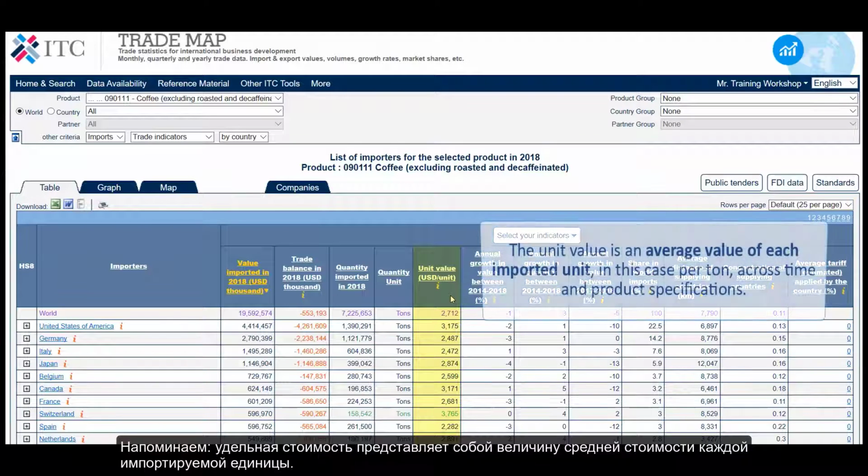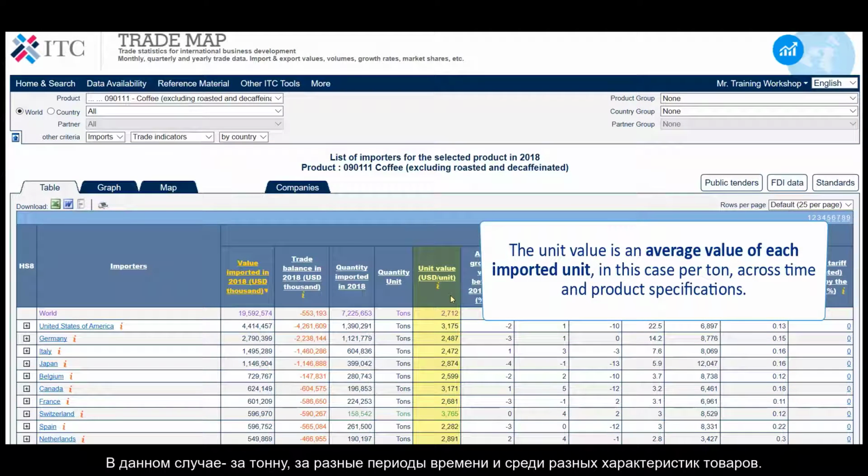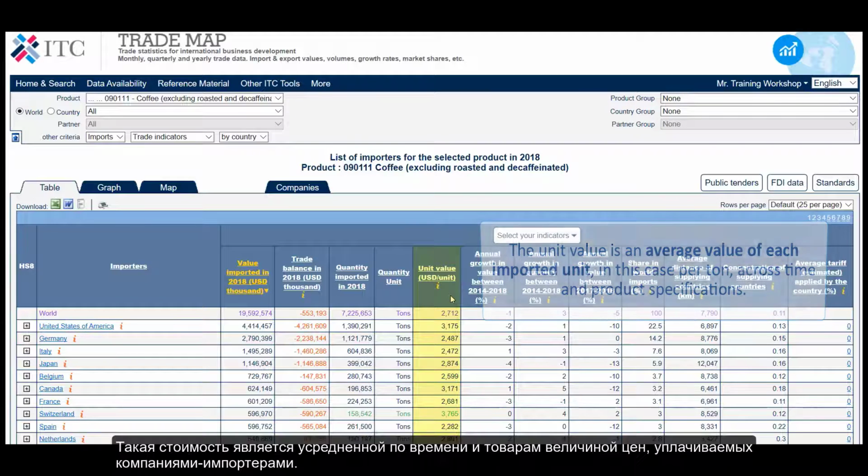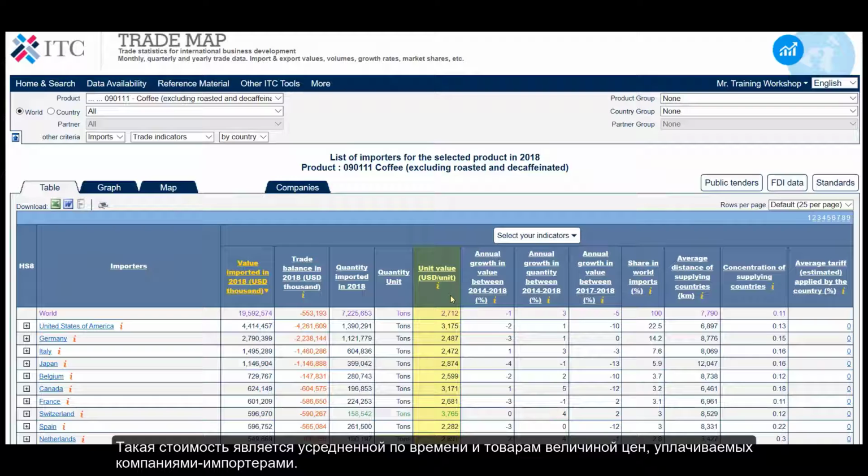Again, the unit value is an average value of each imported unit, in this case per ton, across time and product specifications. One could also say that it is the time and product average of the prices paid by importing companies.